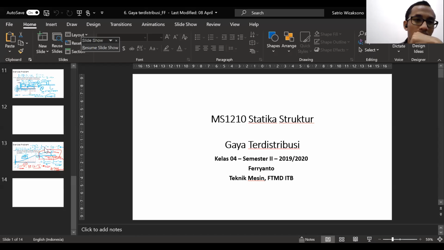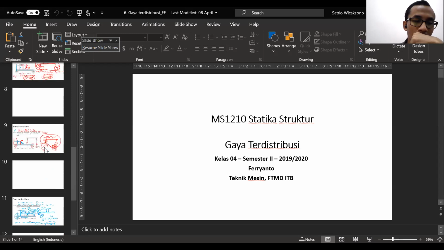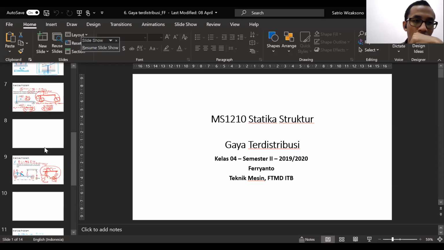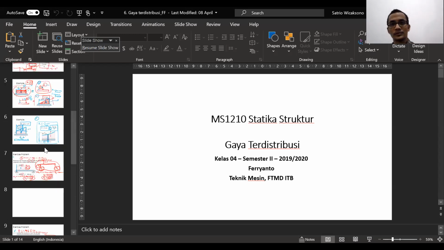I think I understand what you mean. Actually your question is more about the internal force and moment diagram instead of the distributed force, right? Yes, it's for the diagram.